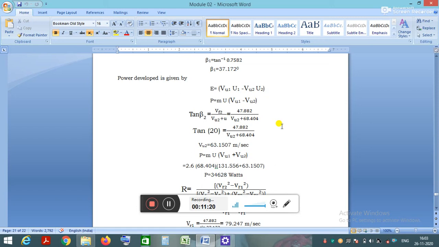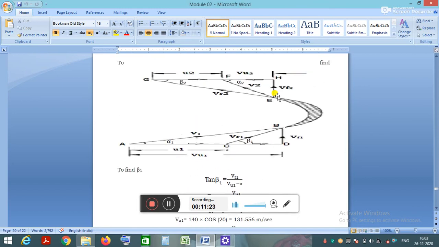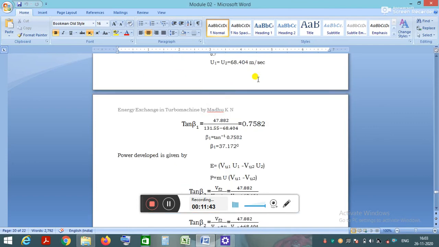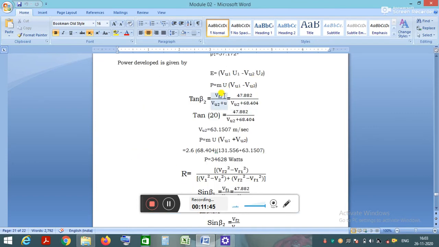To find V suffix U2, from the outlet velocity triangle we have tan beta 2 equals Vf2 by U2 plus V suffix U2. Tan is opposite by adjacent, so Vf2 by V suffix U2 plus U. Here U is known, Vf2 is also known, and tan beta 2 is given in the problem itself.